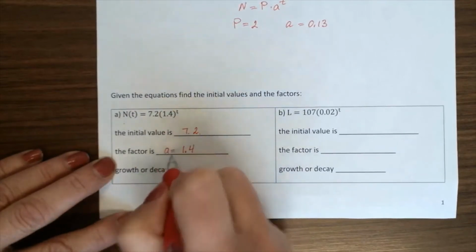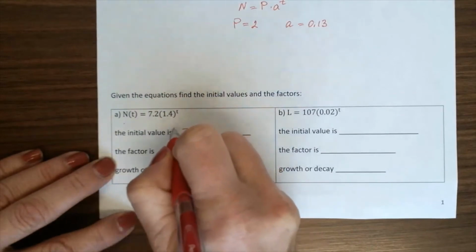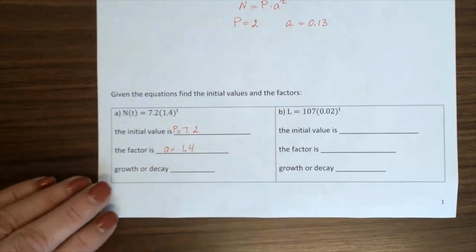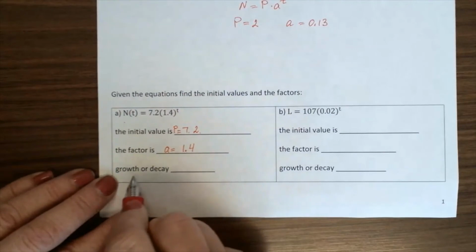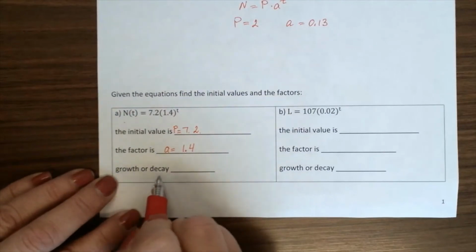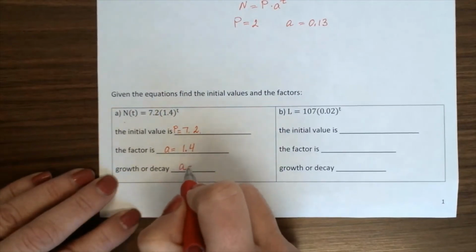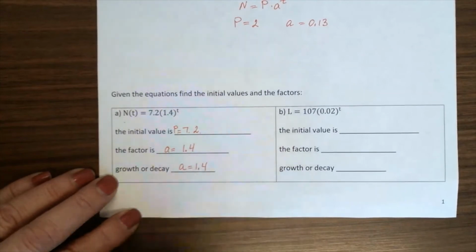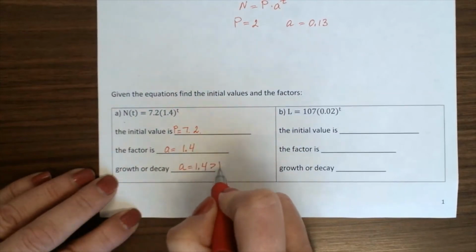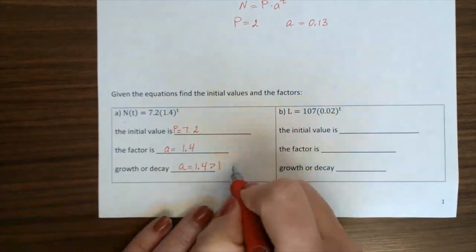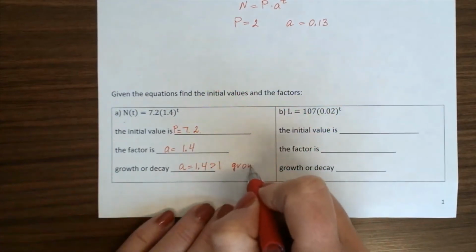And it's a good idea to say a equal to, this is p equal to. Now what do we see? We have to decide if it's a growth or decay factor. a is equal to 1.4 and it's greater than 1, so this factor is a growth factor.